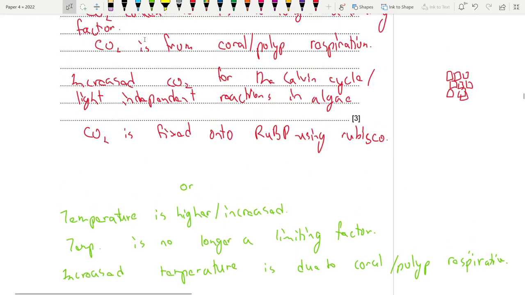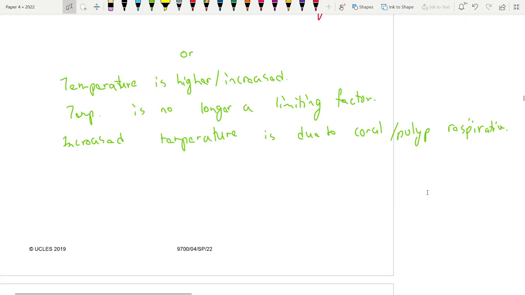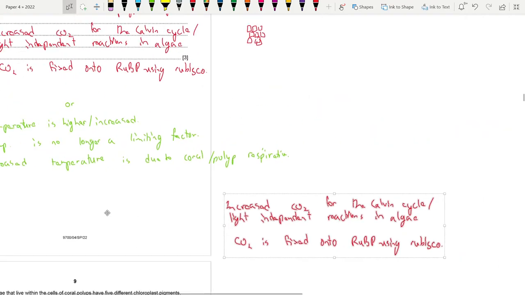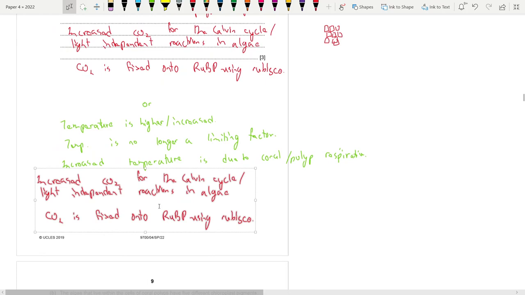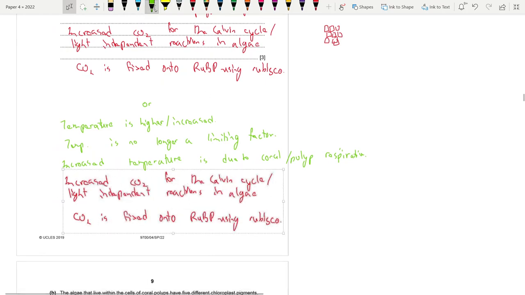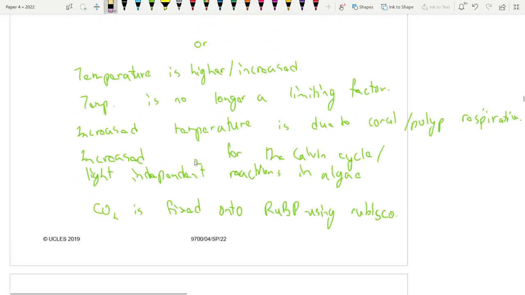Now, basically we have the same points, right? Just the last point is a bit different. So the increased temperature is for the Calvin cycle or the light independent reactions in algae, right? So what is the effect on this actually?